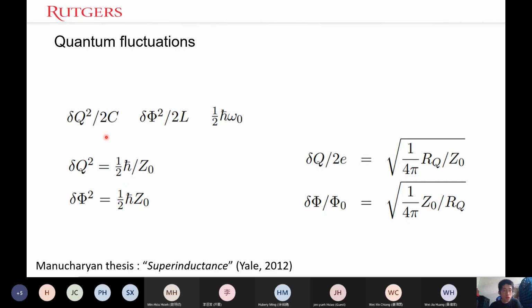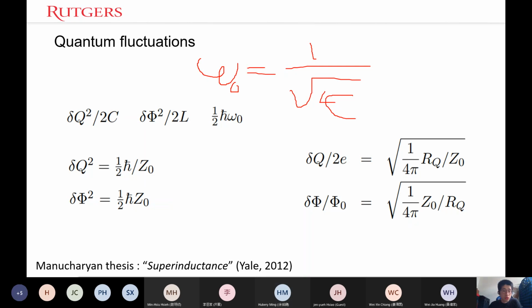If we set everything equal and set omega 0 to 1 over square root of LC, which is the resonance frequency of an LC resonator, the single photon energy can be estimated like this.